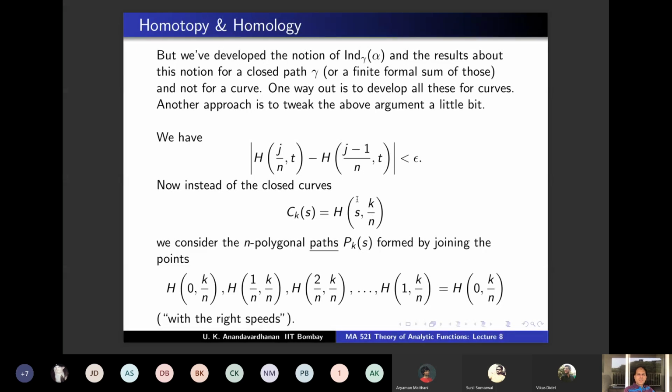This also I can write as h(s, k by n) times 1 minus s plus h(s, k by n) times s. So when you subtract, you will get this minus this times 1 minus s, plus this minus this times s. But both these things are less than epsilon, so you will get less than epsilon times 1 minus s plus epsilon times s, which is epsilon.